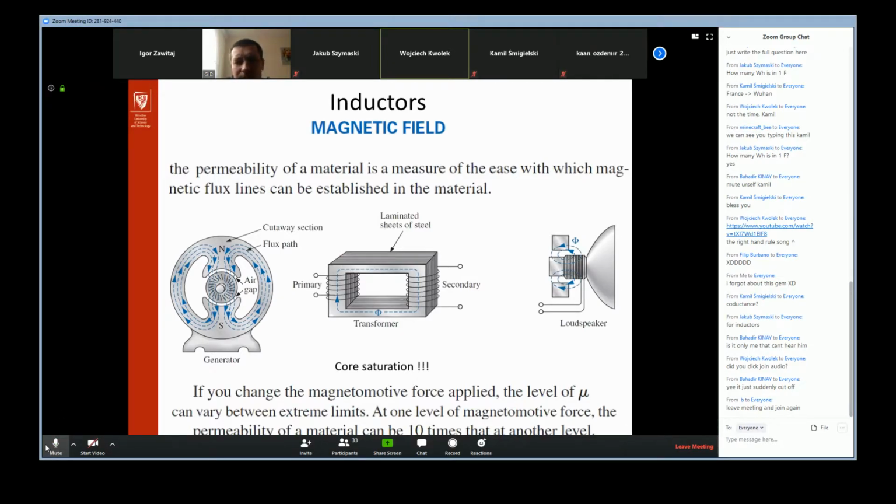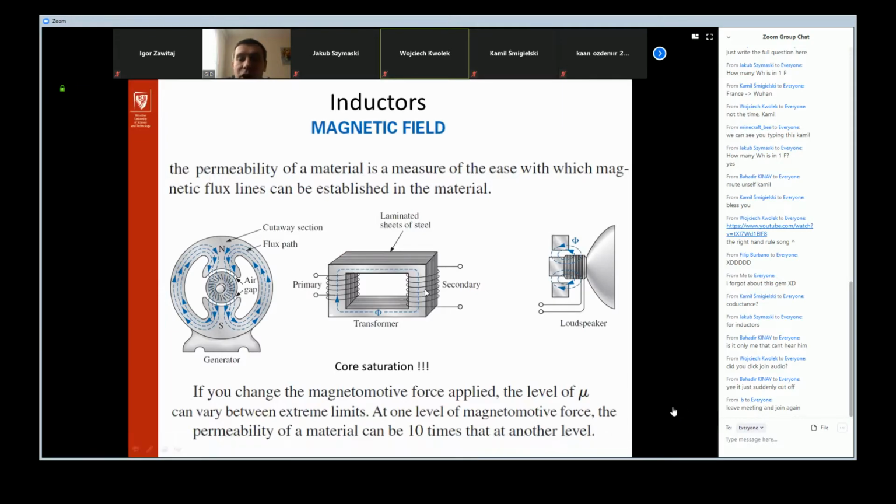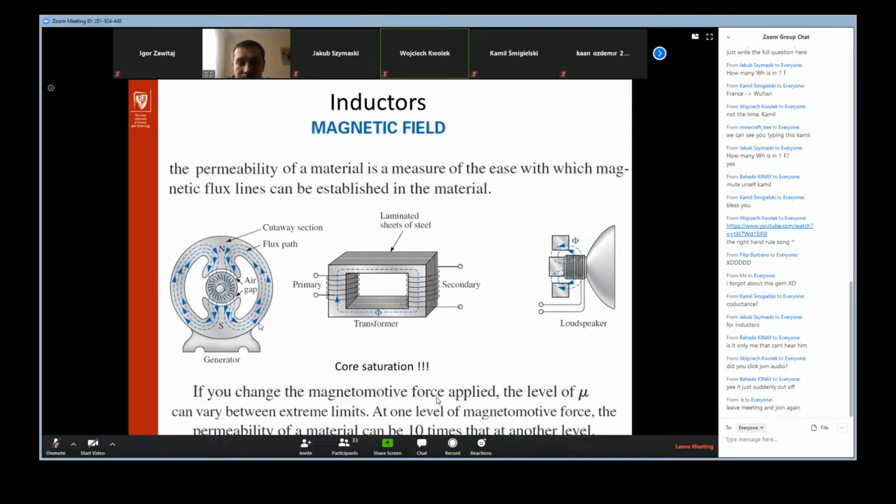Yes. Okay, thank you. So as you see, the efficiency of the transformer is so high when you use ferromagnetic materials for leading the magnetic flux lines. The same story is for the loudspeaker and for the generator, as you see. All right. What is so important here?